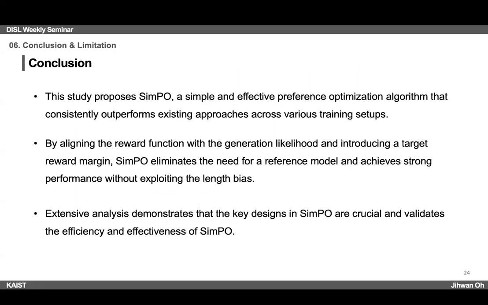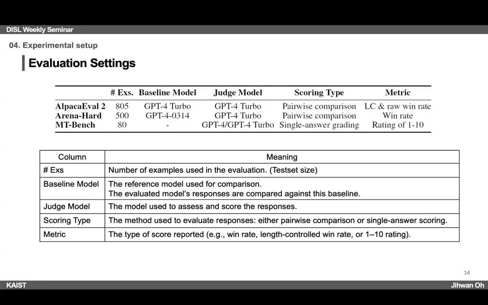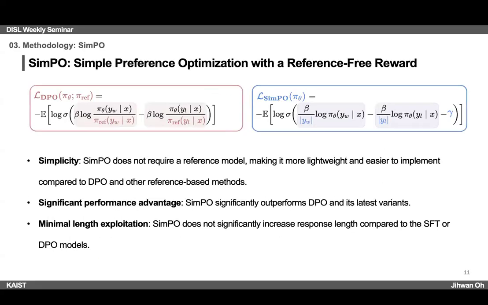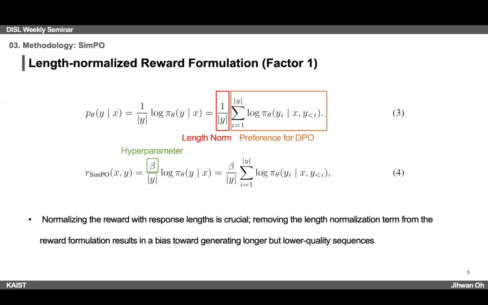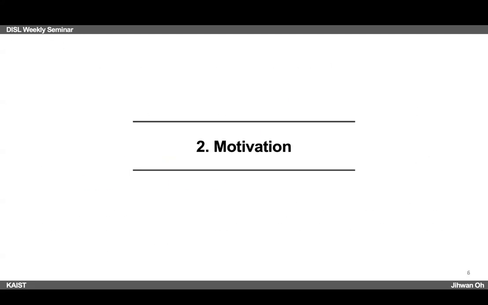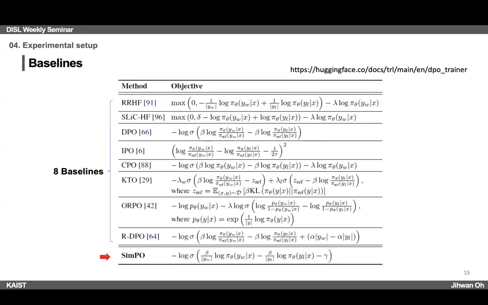I think there are two reasons. The first reason is that they want to save memory usage and implement it faster than DPO.